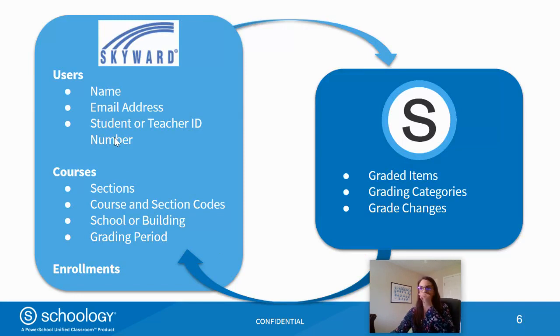So this is what we're working on right now. Right now, currently on campus and virtually, we are including all of this wonderful information into Skyward and making sure it's right, making sure your student schedules are all in there. And then once that's set, our techie friends are going to sync Skyward and Schoology together.